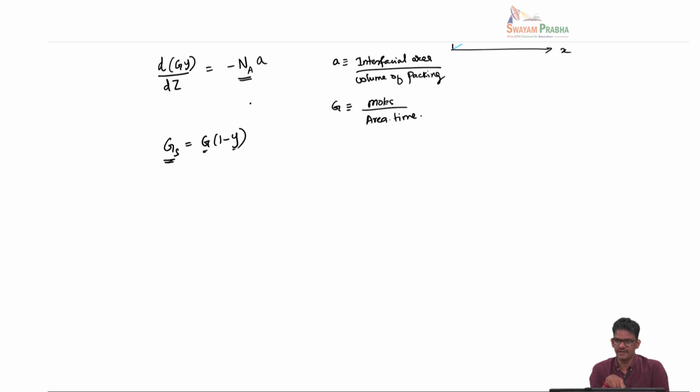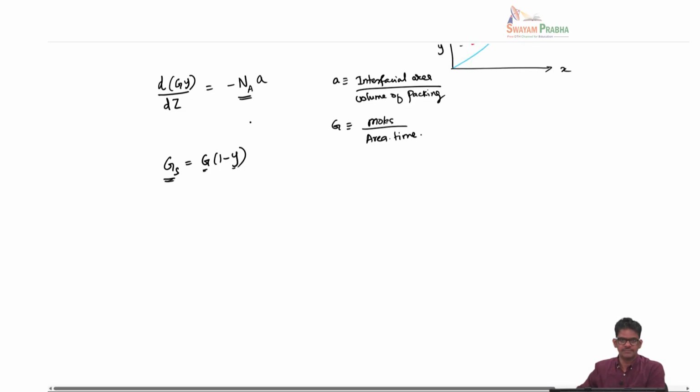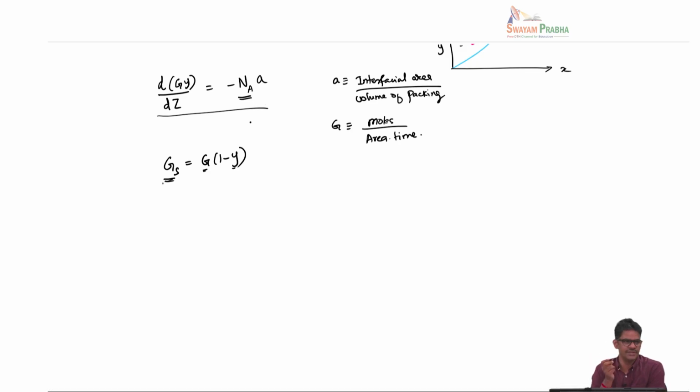If I know the mole fraction of the solute, 1 minus that would be the mole fraction of the non-solute or the solvent here. Okay, so in this equation, both G and Y are changing. Now I can write G in terms of Gs, so that I can actually make a single variable here. Y will be the single variable.